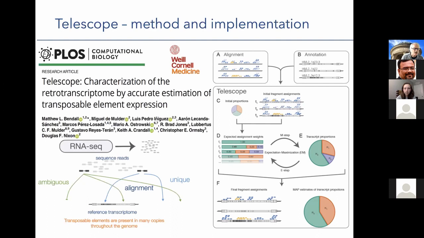But using our same Bayesian statistical model, now looking for the hallmarks of transposable elements, so 5' and 3' LTRs with some open reading frame in between, we can identify transposable elements. And because we're mapping RNA-seq reads, we can map to specific locations of transposable elements within the human genome because it's nicely annotated.